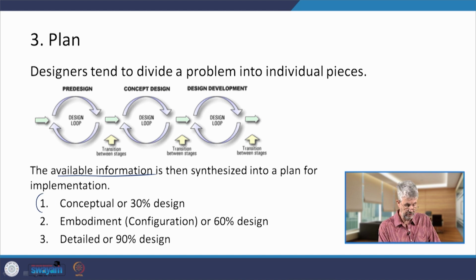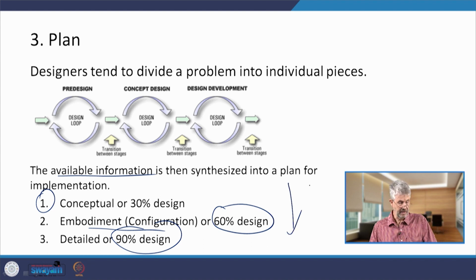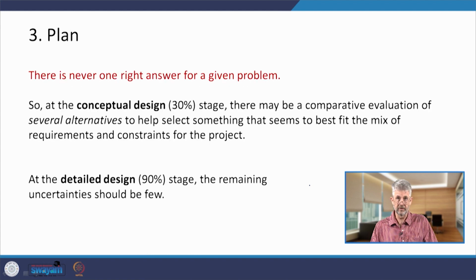It starts with conceptualization design, what we call 30% design, or the configuration design, 60% design, which leads to the detailed or 90% design stage. So again, it's a stepwise process that is clearly defined and has certain milestones that need to be met in order to move on to the next phase.